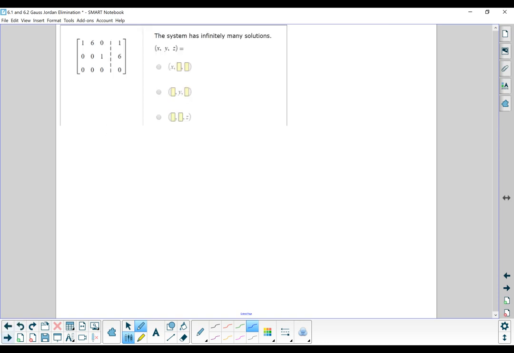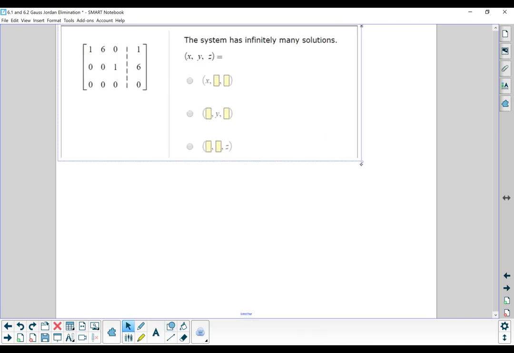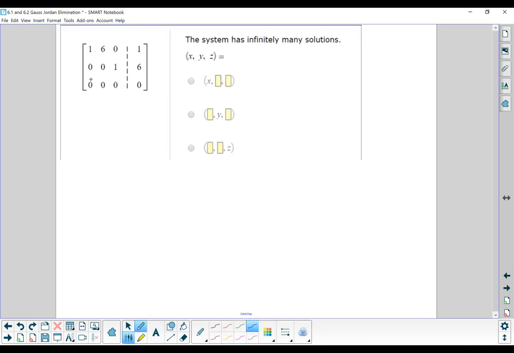And then the third possibility is something like this. So this bottom row tells me that 0x plus 0y plus 0z is equal to 0, and that is a true equation. So we have infinite solutions. So then you want to look at your other two equations.